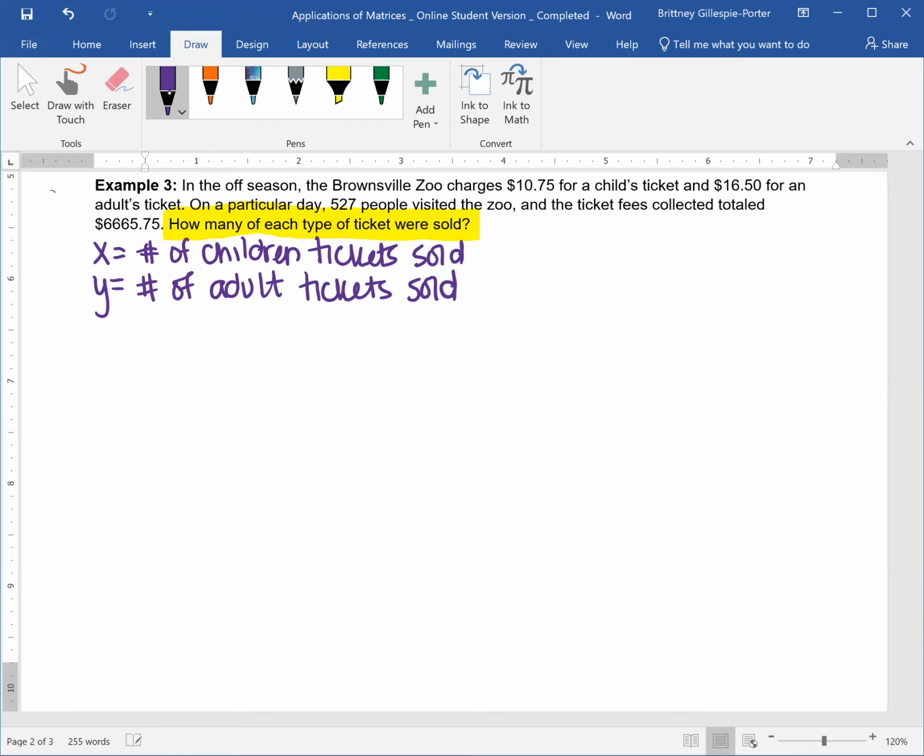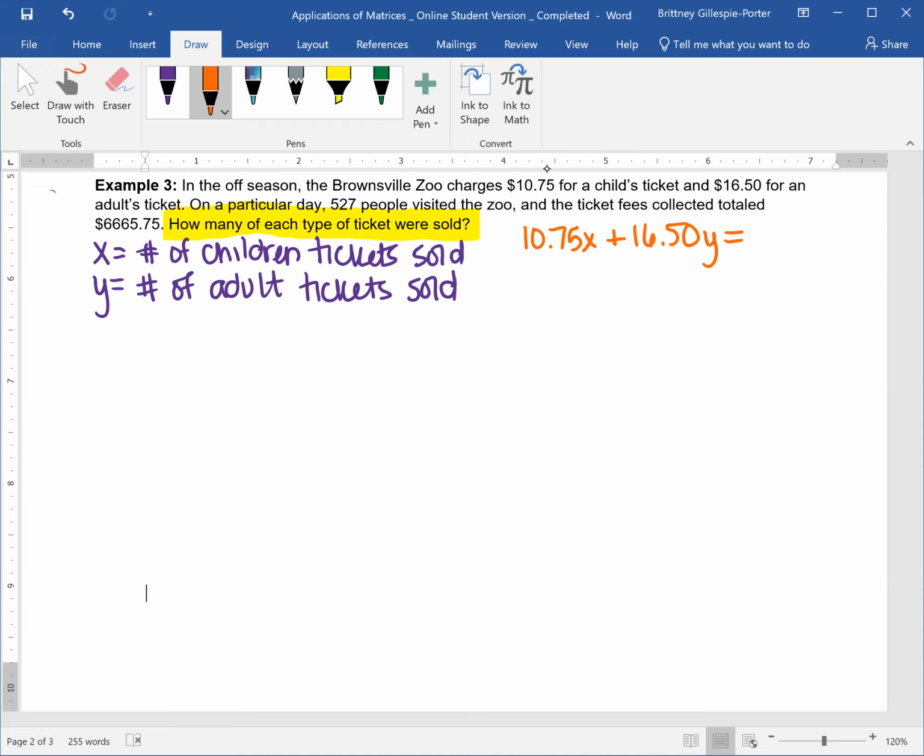Now that I have my variables, we can go back through and write our equations. In the off season, the Brownsville Zoo charges $10.75 for a child's ticket, so we're going to have 10.75x, and $16.50 for an adult ticket.